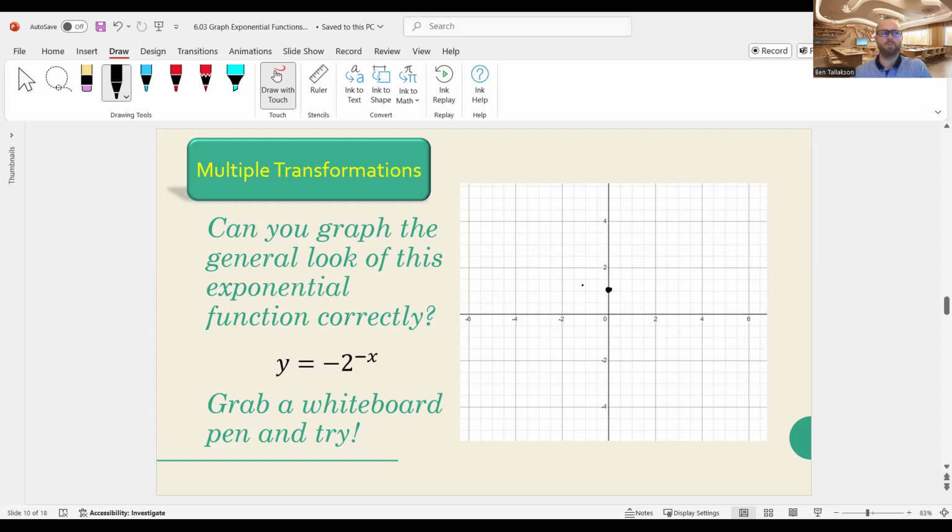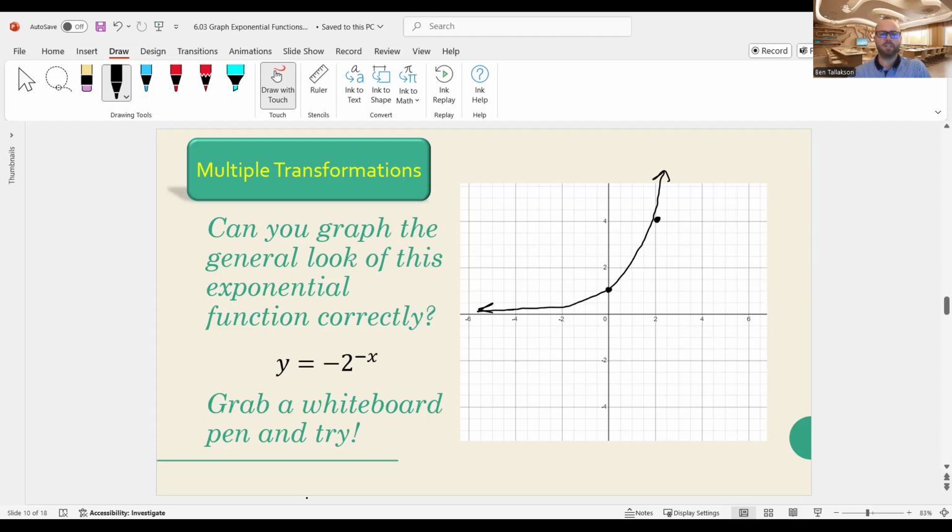And there is another point at 2, 4, right? Because right now we're just pretending that these are both positive. If I put 2 squared, that would be 4. So something kind of like this. Notice it starts off really close, almost looks like it's on the x-axis, and then it kind of goes up like that. But things are about to change, right?